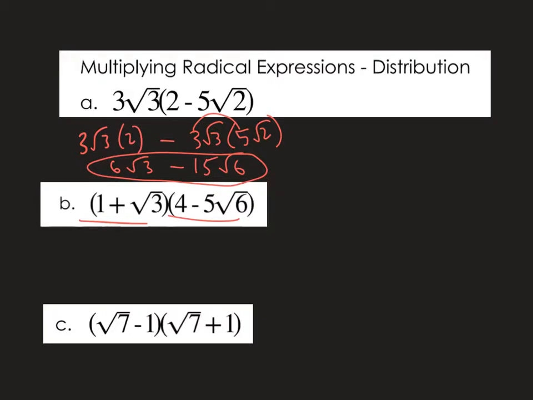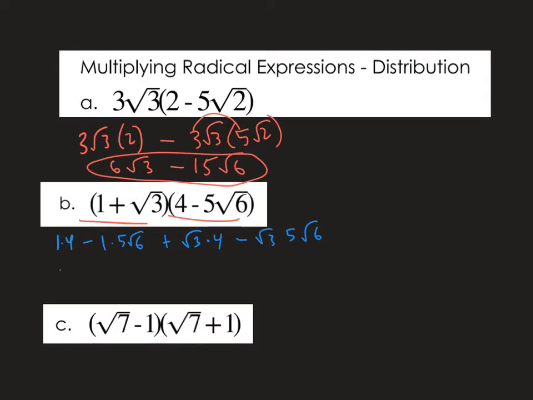So let's see, 1 times the 4, and then minus 1 times the 5 rad 6. We're going to add that to rad 3 times the 4 and minus rad 3 times the 5 rad 6. All right, so I have my 1, 2, 3, 4 terms. We'll see if anybody can go together at the end.